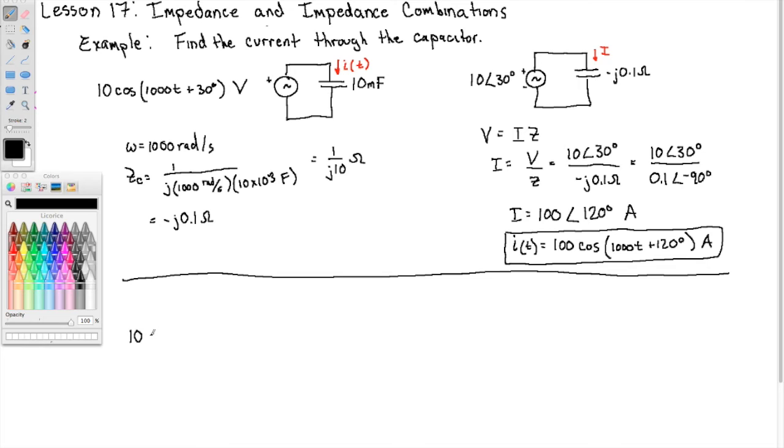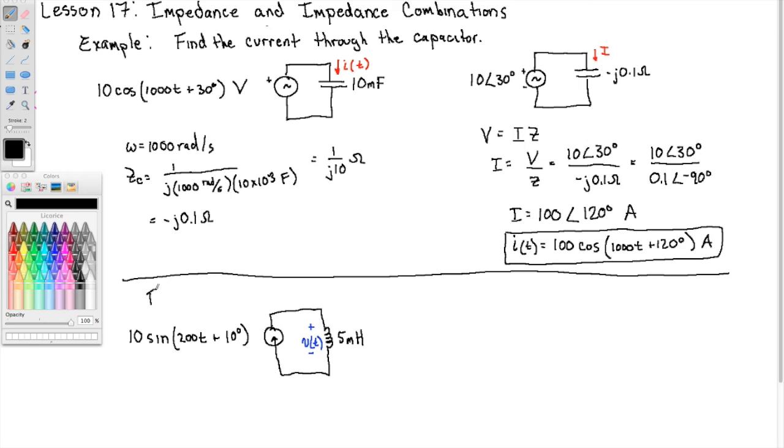Let's say we have 10 cosine of, or let's do sine. 10 sine of, let's say, 200t plus 10 degrees, and this is a current, and this goes through an inductor of inductance, we'll say 5 millihenry, and we want to find the voltage across it, V of t.